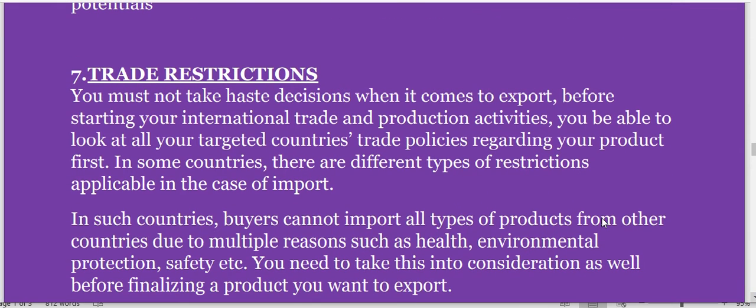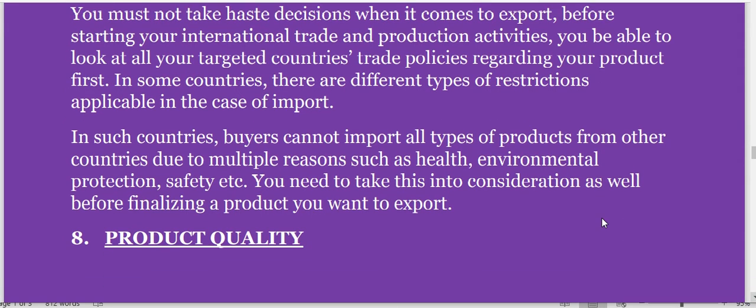Now, the number 7 quality you need to look out for when finding the right product for export is trade restrictions. So you must not take hasty decisions when it comes to exports. Before starting your international trade and production activities, you should be able to look at all your targeted countries' trade policies.